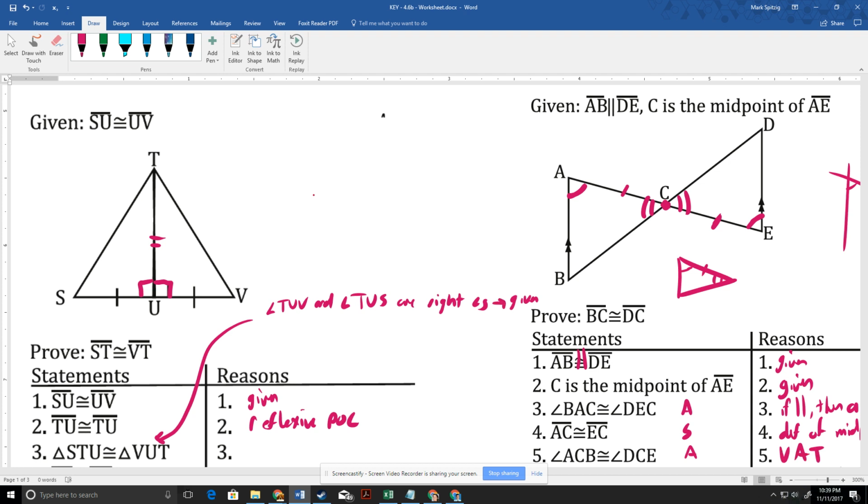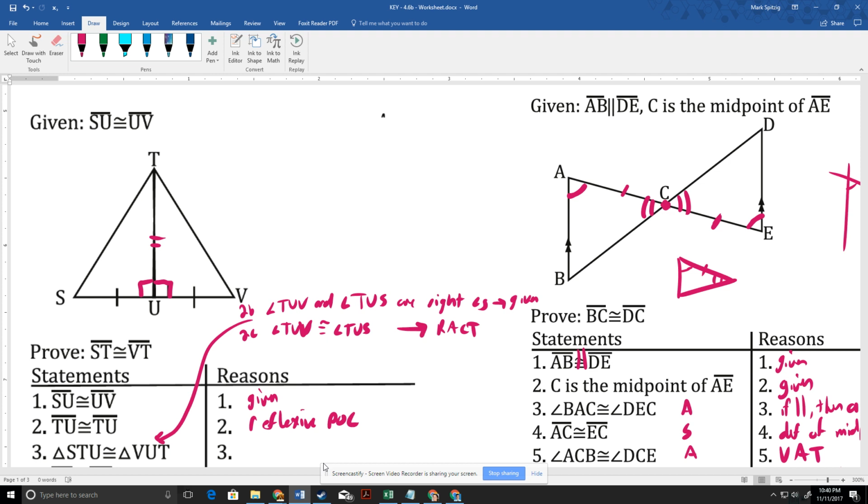And then the next thing would be to say that angle TUV, oops, that's a V, is congruent to angle TUS, and that's because of the right angle congruence theorem: right angles are congruent. So that's really what we would have in here, even though it's not quite there. So I added it in there. We'll call that 2B and 2C reasons, right?